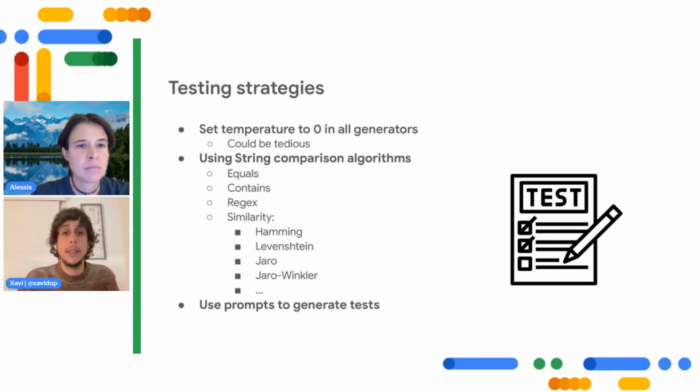Instead of just adding "hi" in your test, what you can add is a prompt saying you are going to give a warm welcome to the agent. So the LLM will generate a welcome message. With that, you can use prompts to generate tests.